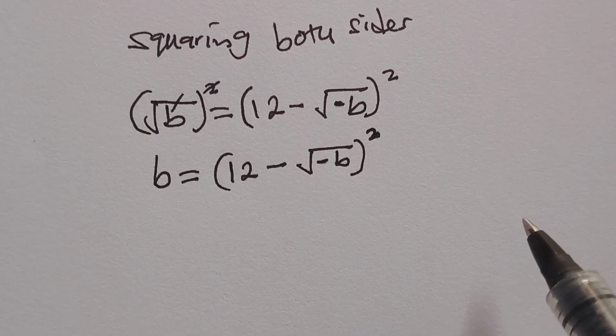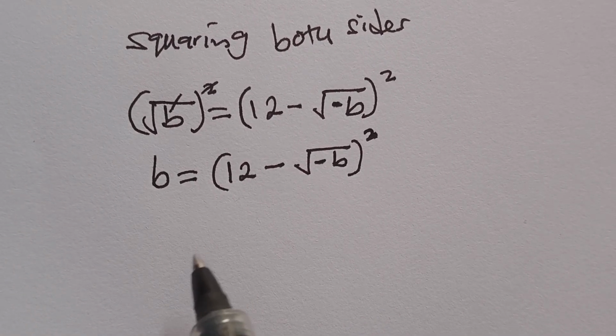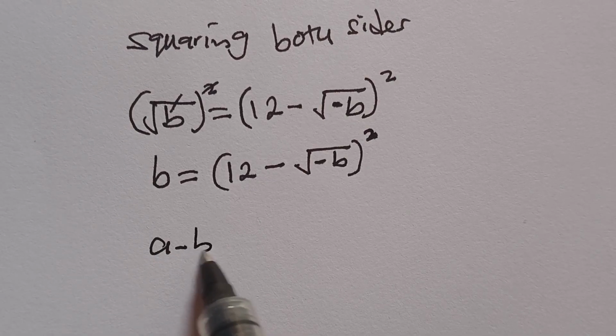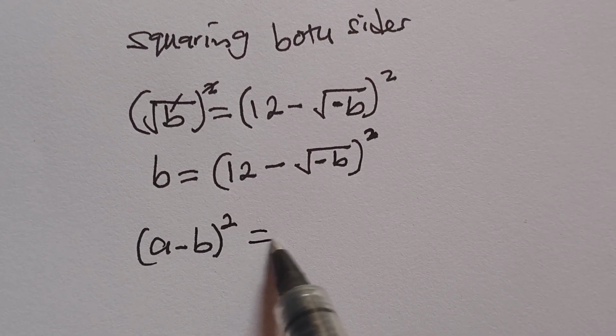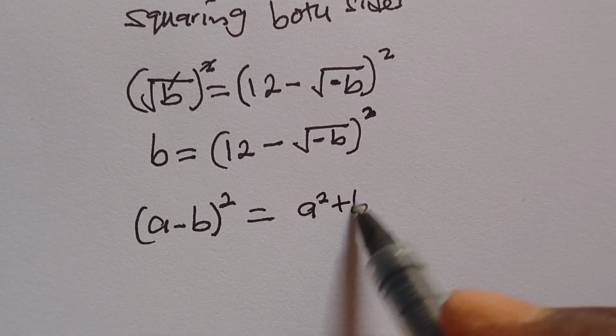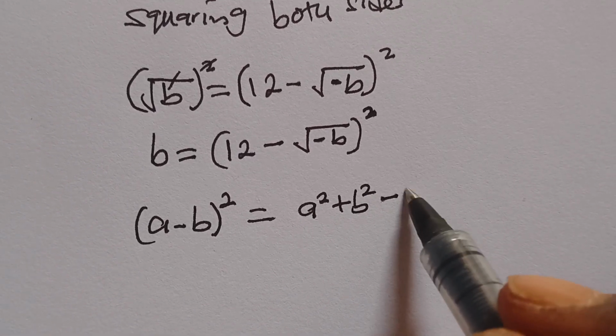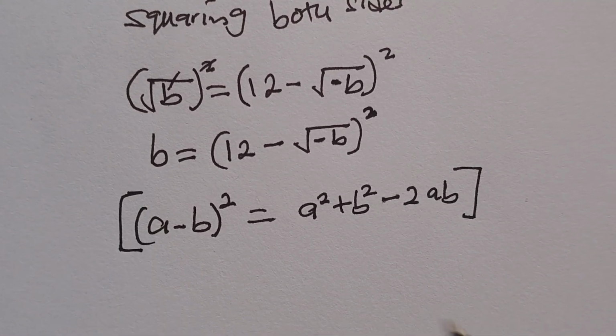Now, if you look at this, it follows the format of a minus b, everything squared. If you expand that, it gives you a squared plus b squared minus 2ab. So let's apply this to the above line.